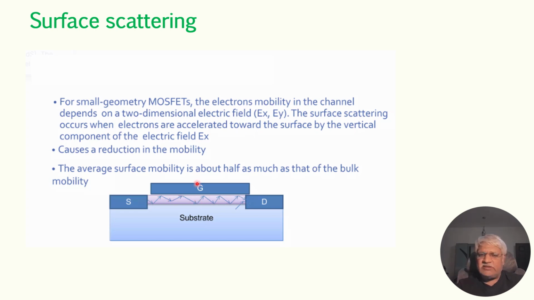Once they are affected by the vertical electric field, another time they are affected by the horizontal electric field. That is why they keep bumping into these regions and moving. Here what we need to understand is that if you observe this surface microscopically, it is not a pure smooth surface.